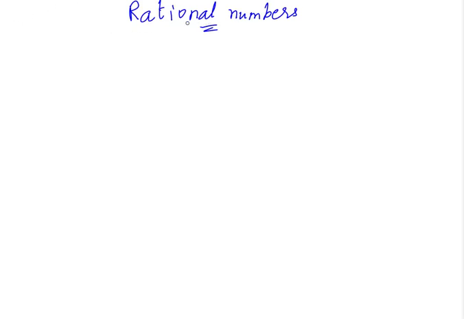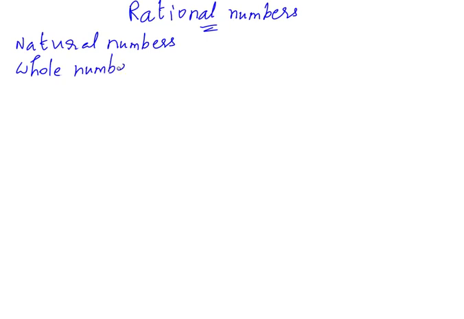Rational numbers. In lower classes, we have seen about natural numbers, whole numbers, integers.